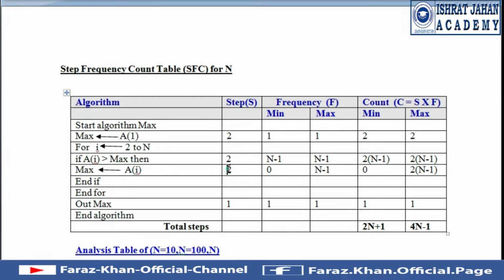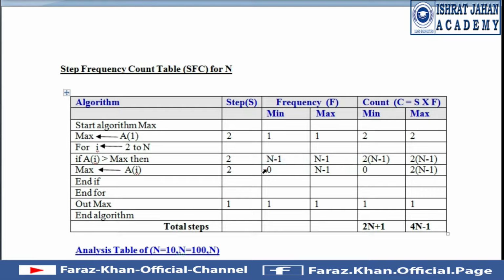Again 2 multiply by 0, because in this step I have already found the maximum element. So in this step it is just the assignment process. So here I can use 0 for best case. But in this execution part, I cannot use 0. We have to consider it in a worst case, right?